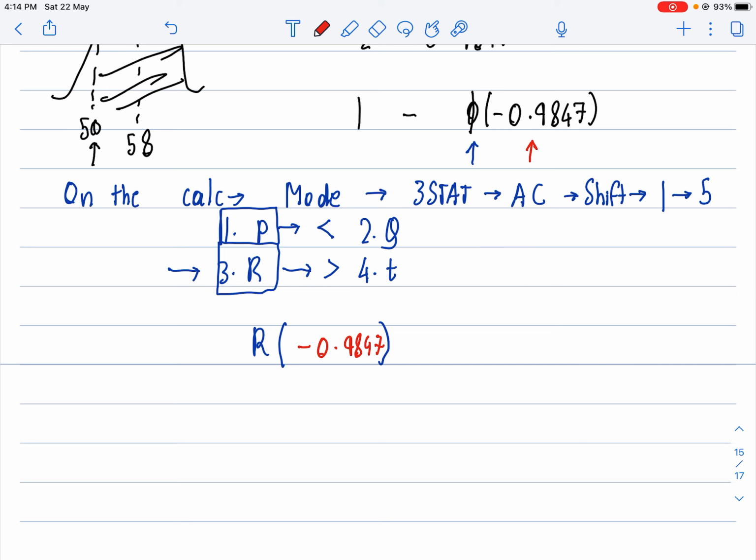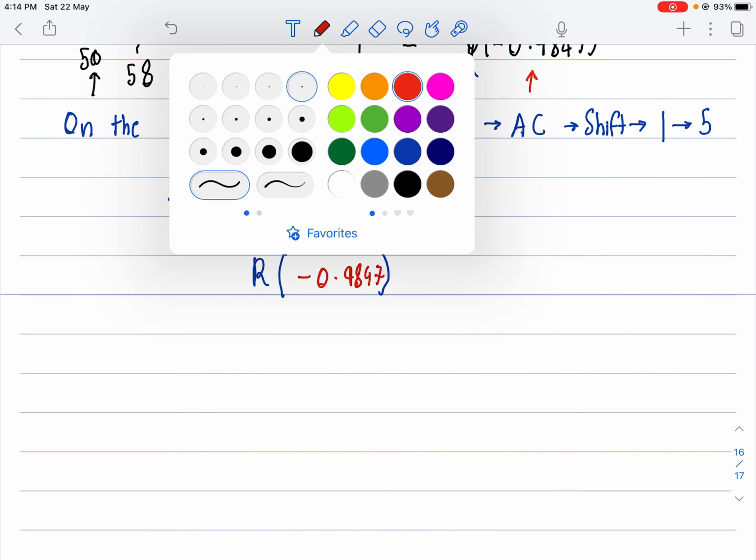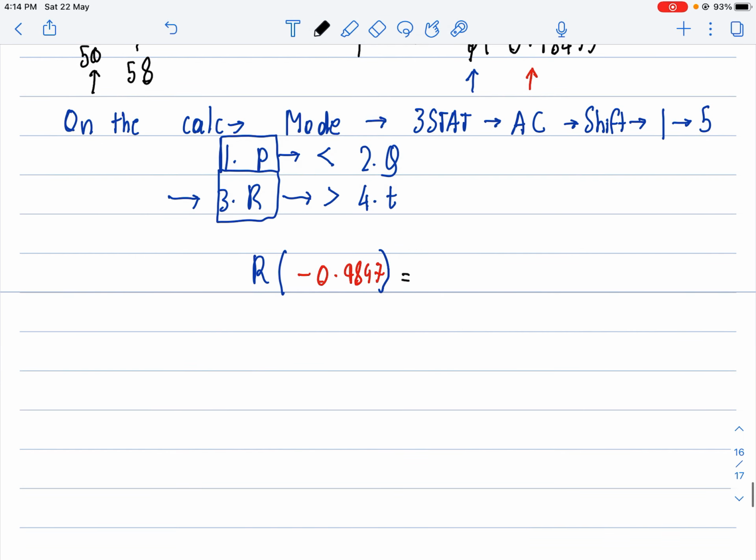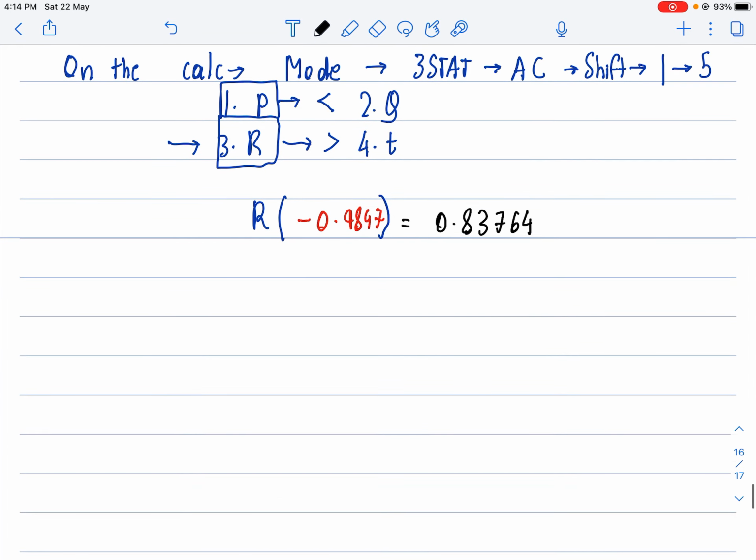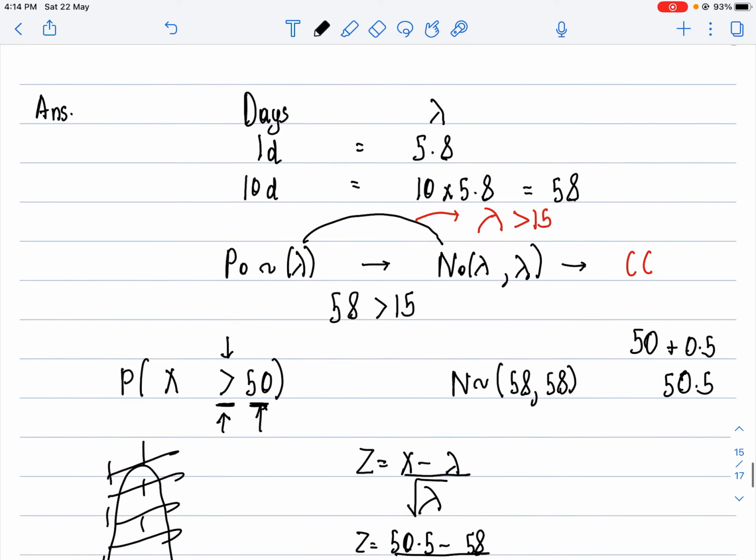When I do that, I get my answer as 0.83764, which gives my final answer as 0.838, which is the final answer of my question.